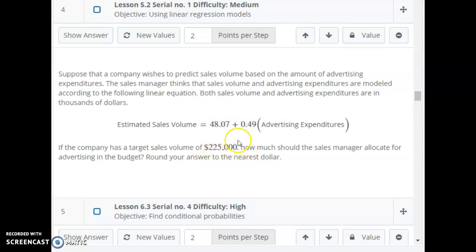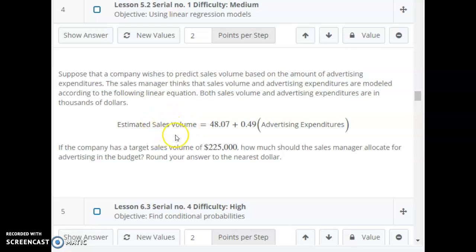All right, here's a commonly missed sneaky type problem. It's not really meant to be sneaky, it's meant to save you on some calculations, but it ends up getting a lot of people. So note that the sales volume and expenditures are in thousands of dollars. So the sales volume here that we're looking at is 225 since we need it in thousands of dollars.